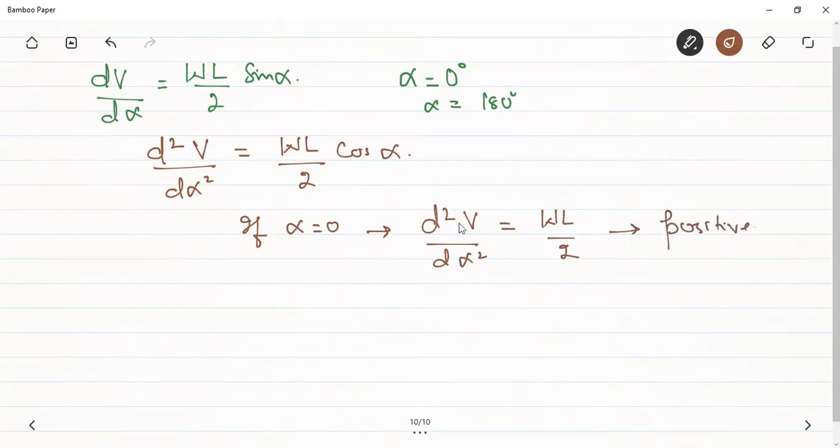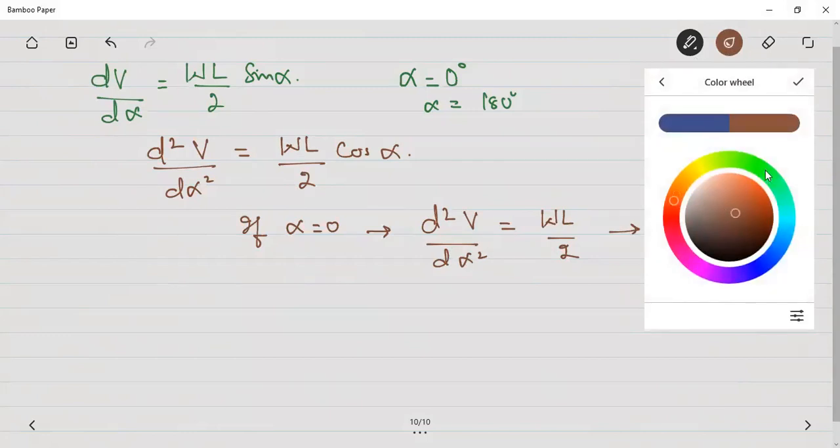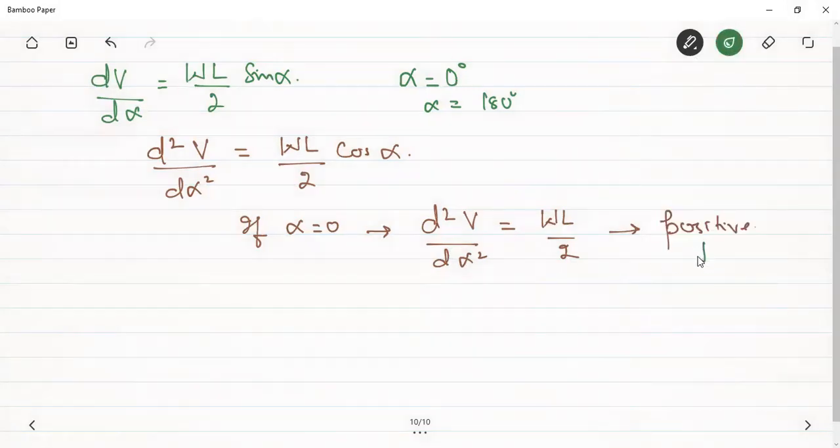And we have seen that when the second derivative of the potential energy function with respect to alpha is positive, it corresponds to stable equilibrium. When the second derivative is positive, we say that it is the position of minimum potential energy.